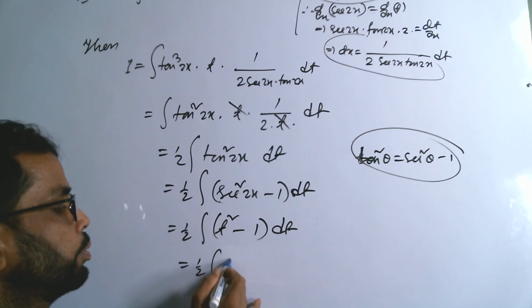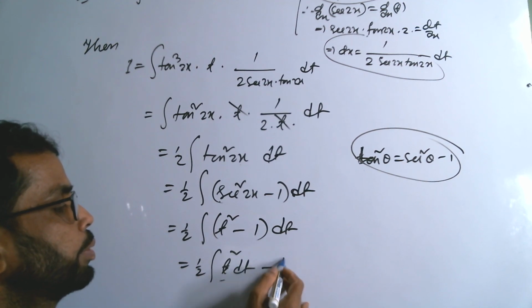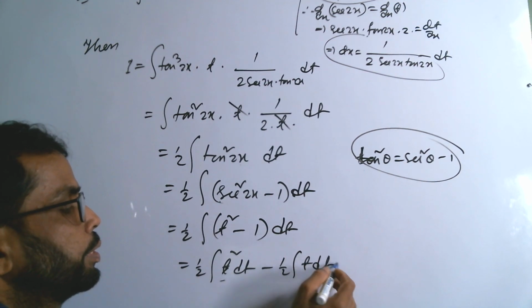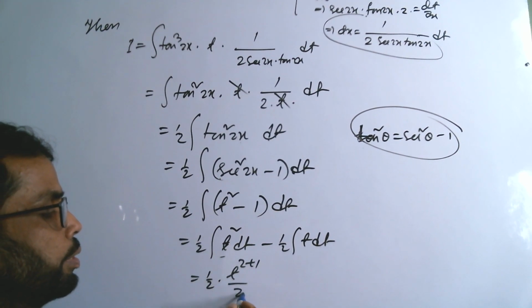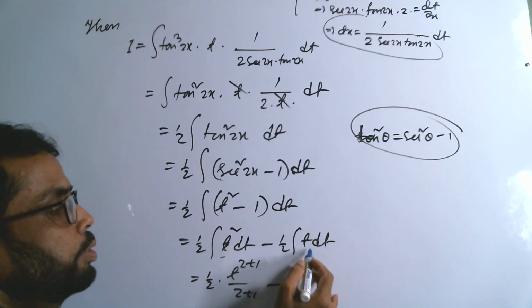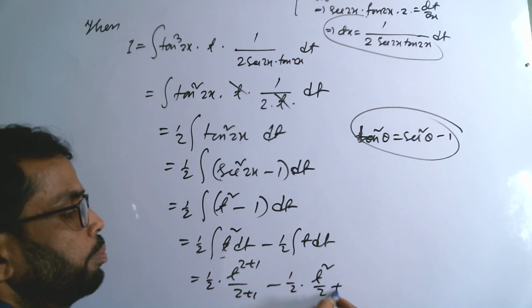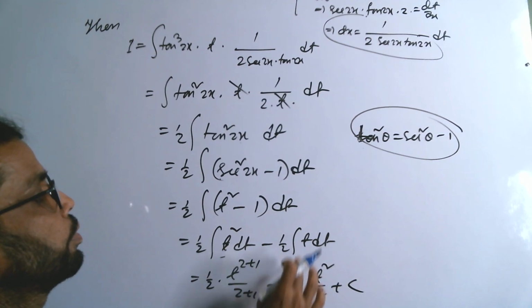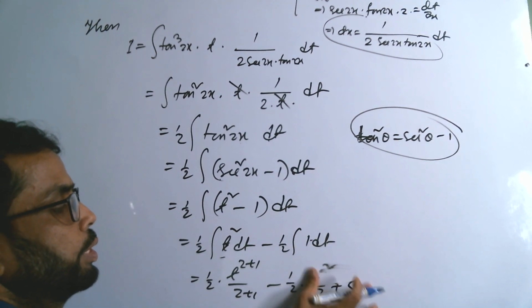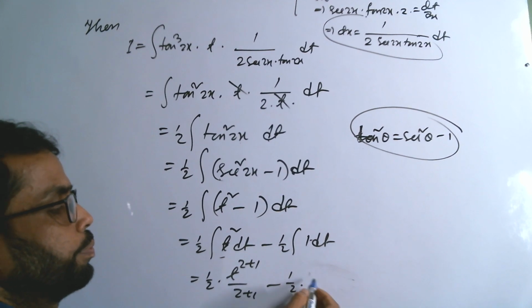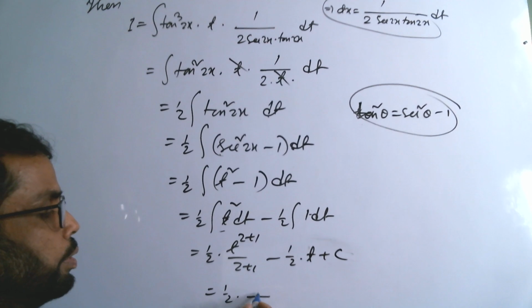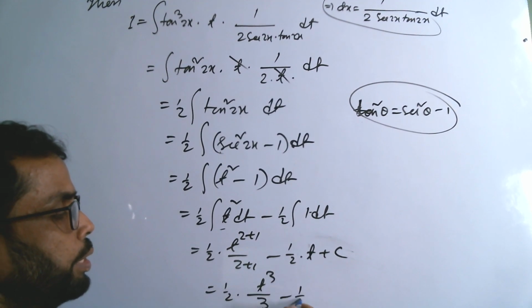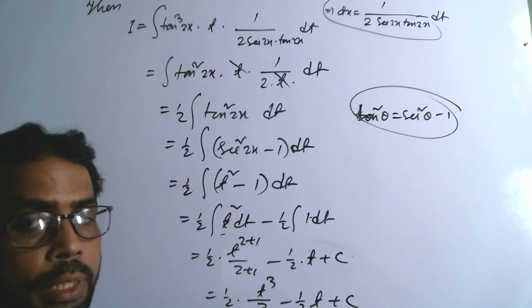So it is 1 by 2 t square dt minus 1 by 2 dt. For t square, it is t to the n plus 1 by n plus 1, and the integration of 1 dt is t plus constant. So it is t cube by 3 minus half of t plus constant, and then t must be removed.